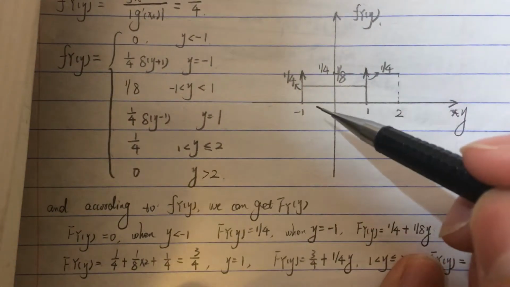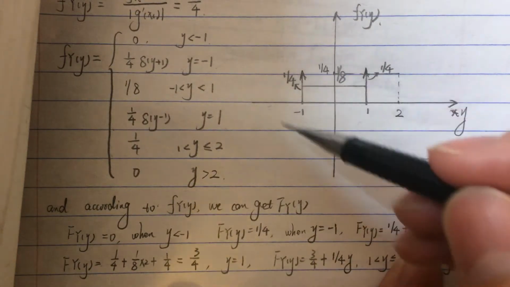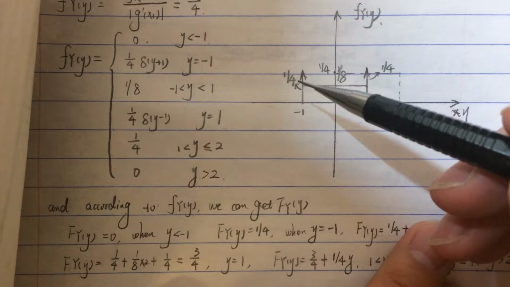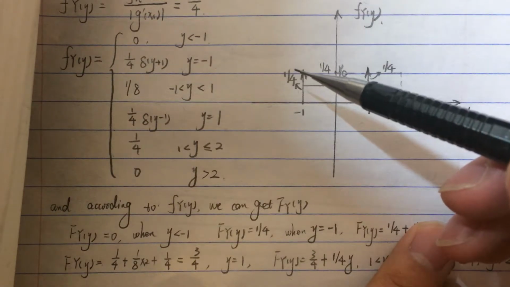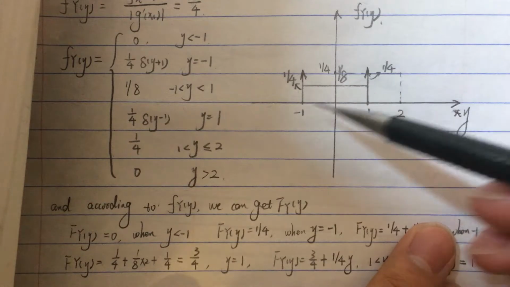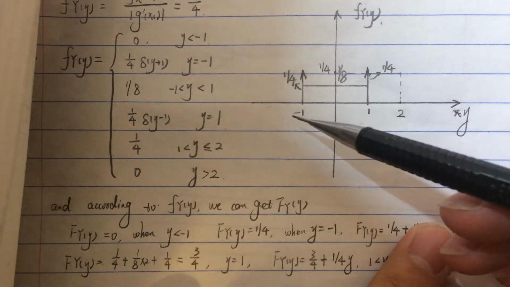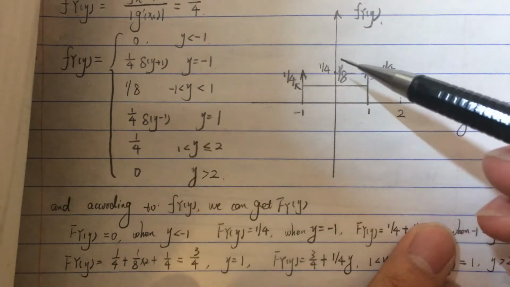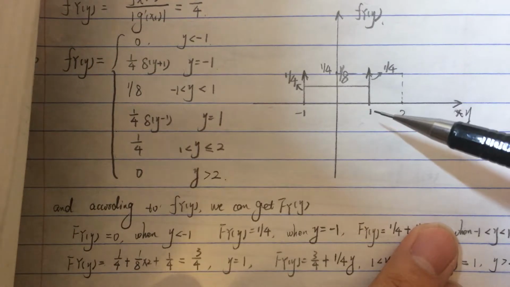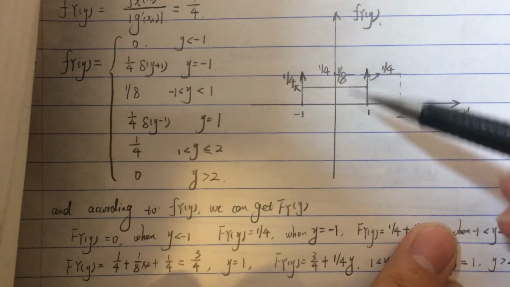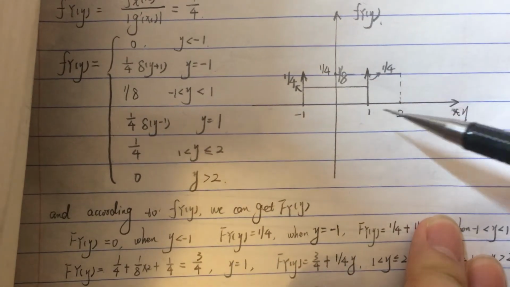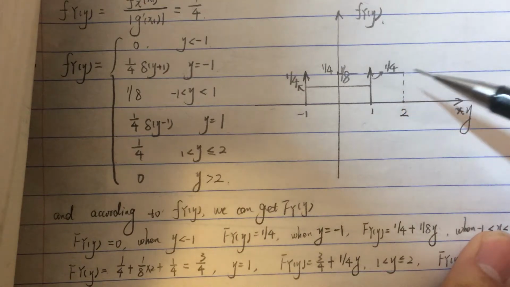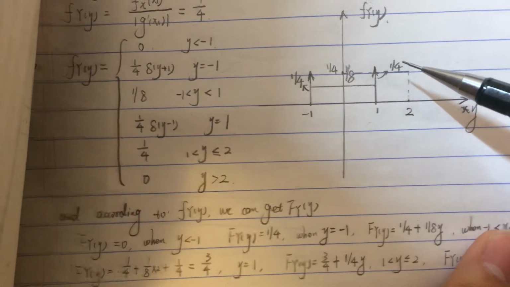For y equals -1, the whole region at -1 is equal to 1/4, and when y increases from -1 to 1, this value is 1/8, and at 1, the region is also 1/4, and when y increases from 1 to 2, the value for f_Y is equal to 1/4.